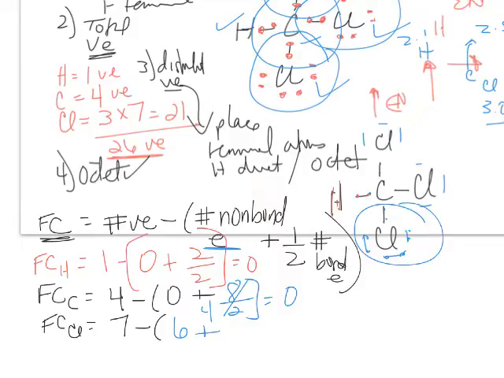And then we're going to add half of the bonding electrons, which would be 2 divided by 2. So that would work out to be 1. 7 minus 7 is 0. So each one of these elements has a formal charge of 0 in this molecule.